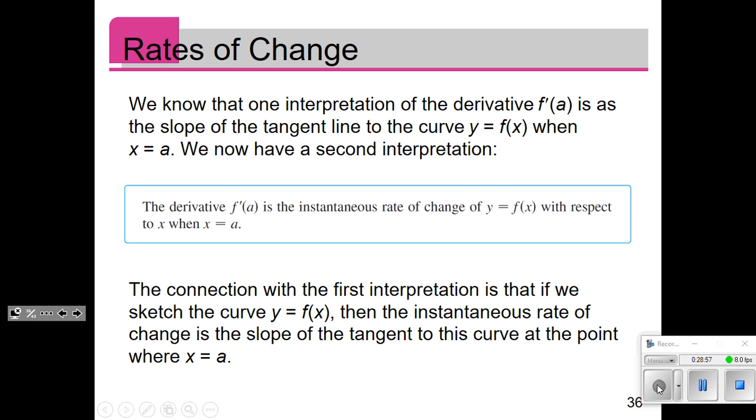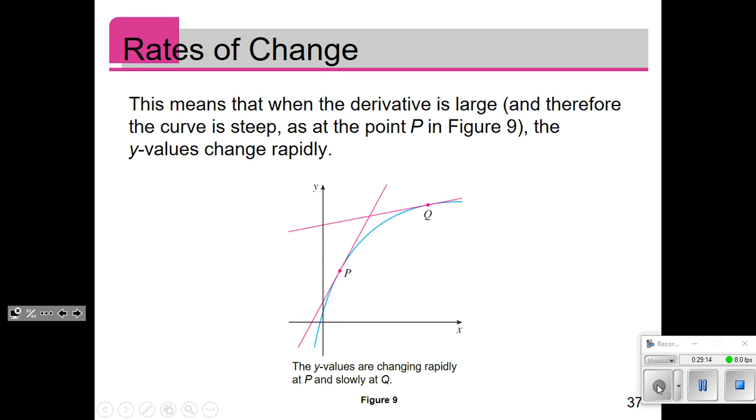So the derivative f prime of a is the instantaneous rate of change of y equals f of x with respect to x when x equals a. Okay, at the point a. This means that when the derivative is large and therefore the curve is steep, as at the point P in figure 9, the y value changes rapidly.